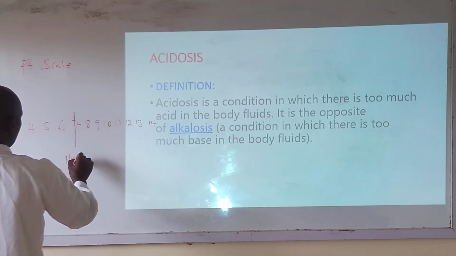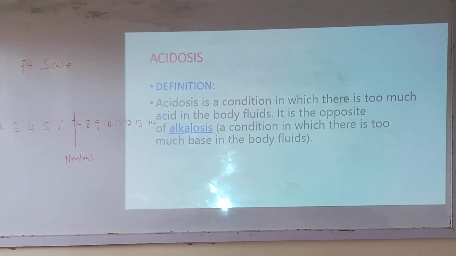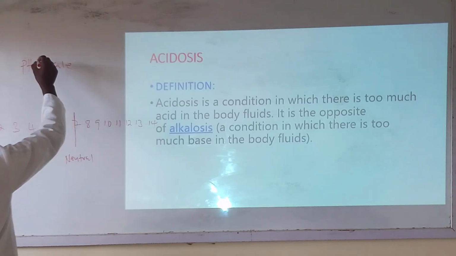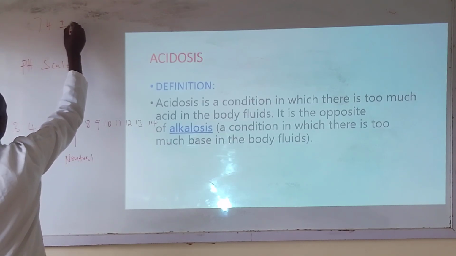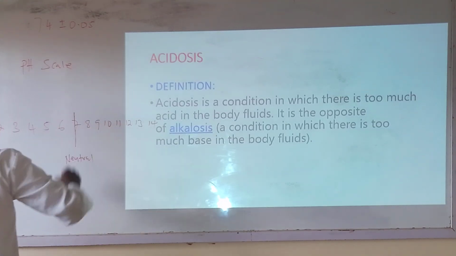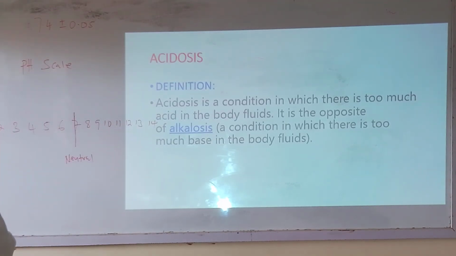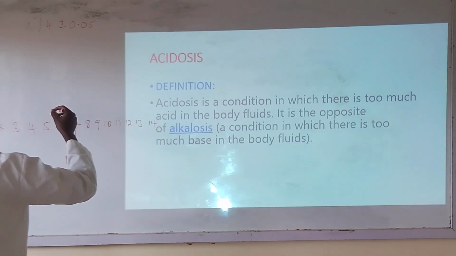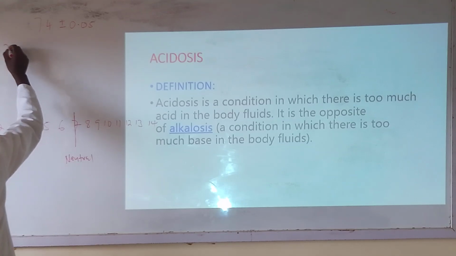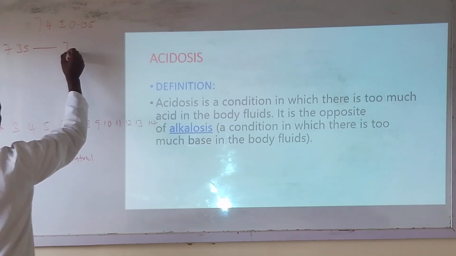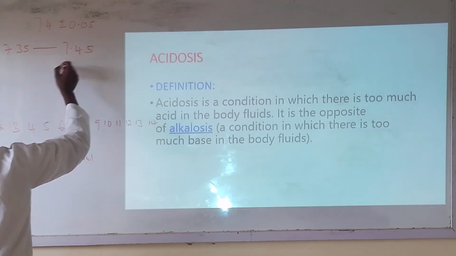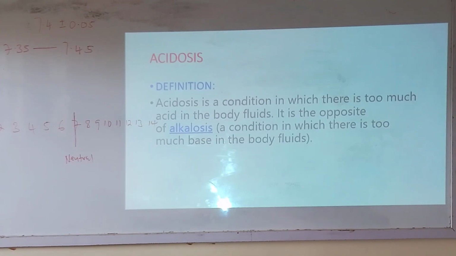So this point we call it neutral. And what is the normal pH of the body? The normal pH of the body is 7.4 plus or minus 0.05. So when we talk of 7.4 plus or minus 0.05 in simple terms, we simply mean it is a range, 7.35 all the way to 7.45. So it's a range. This is the normal pH of the body.